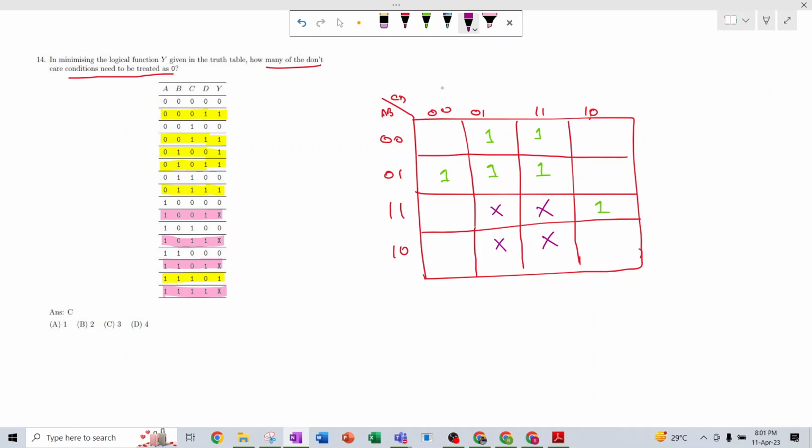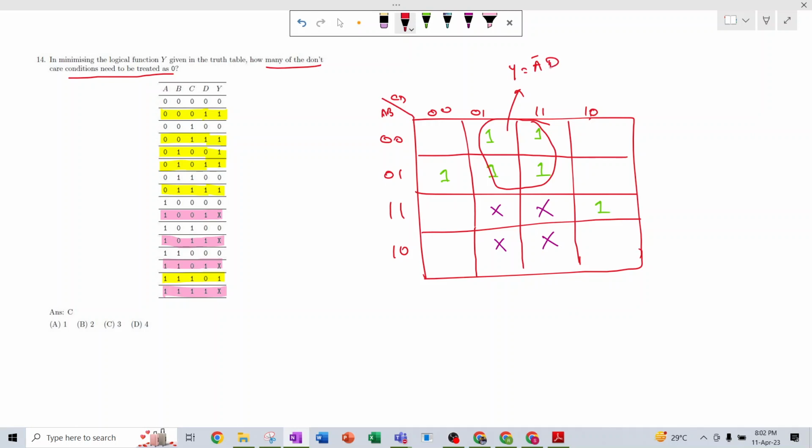So now we have to form a group. We can see easily that if we consider these 4, these don't cares are not needed to form a group. So if we consider this, we get a bar, and then we get d.